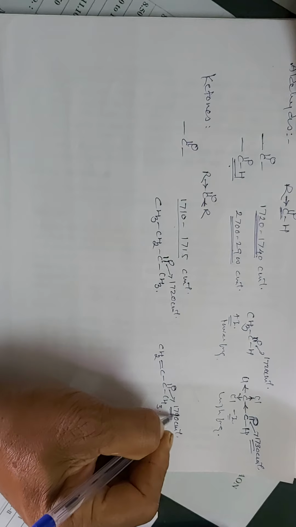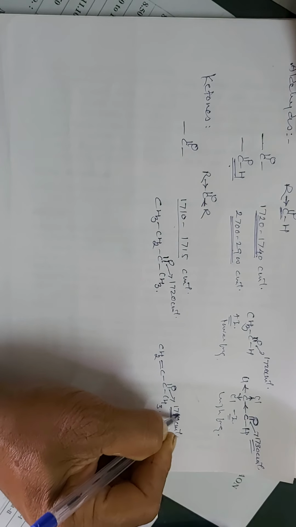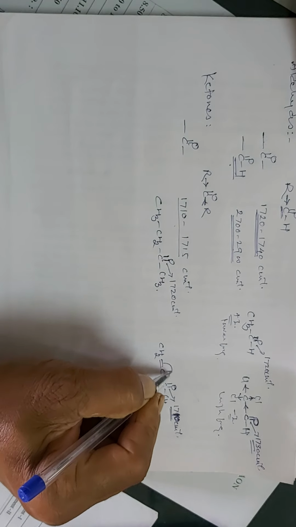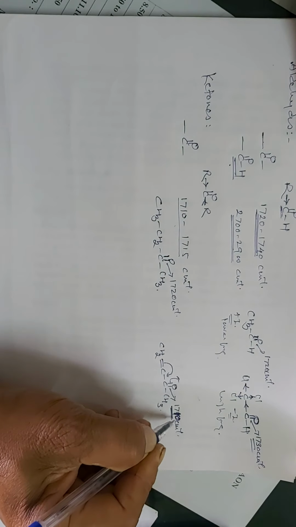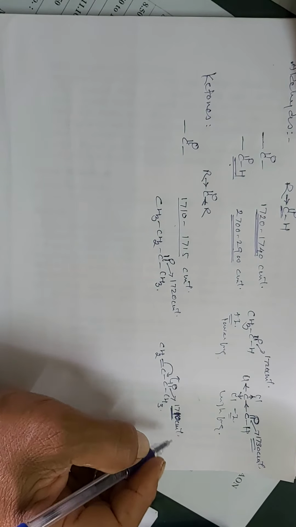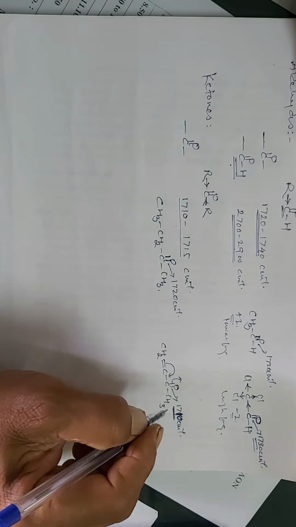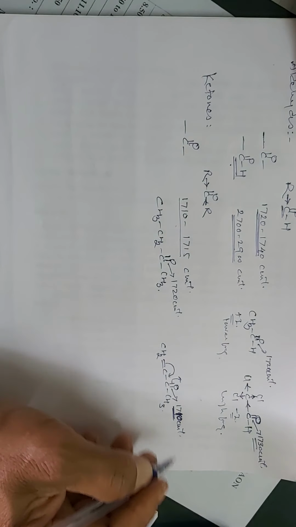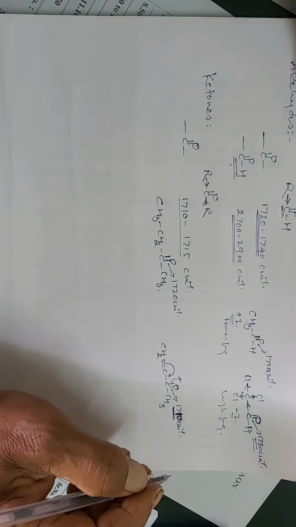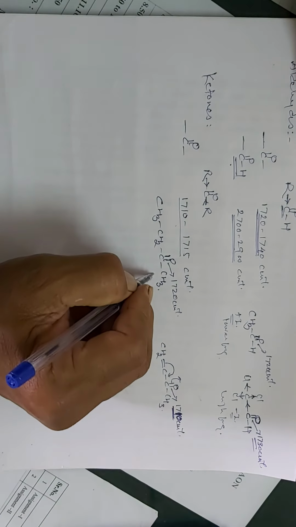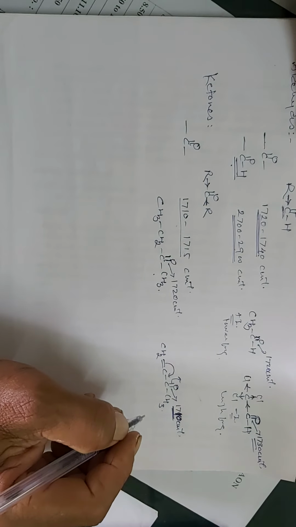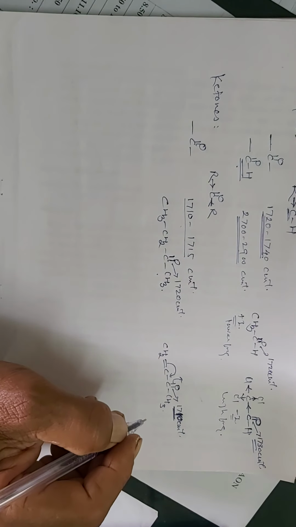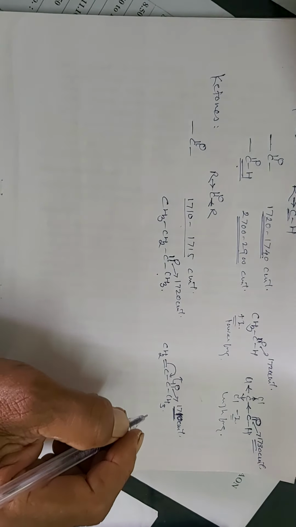So it is 1710 reciprocal centimeter, because the electron density is donated here and shifted in this way. It shifts towards a lower frequency because conjugation decreases the absorption frequency. The energy needed is less here, and the energy needed is more there.